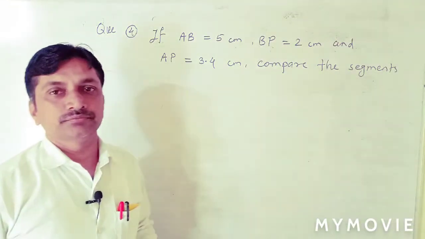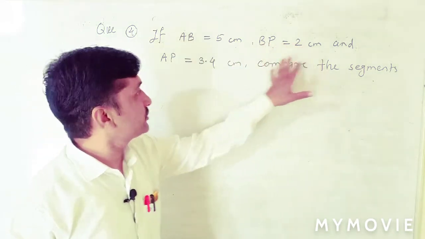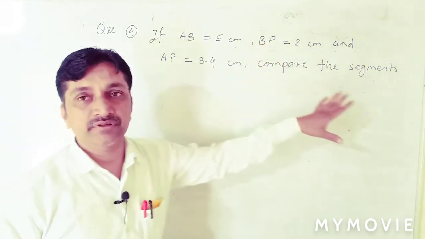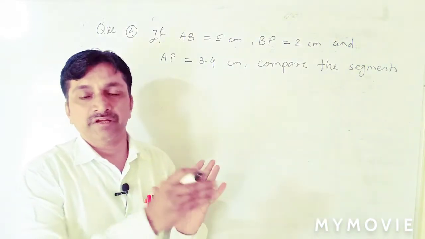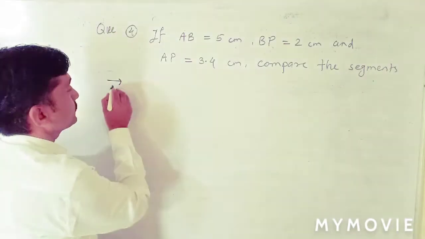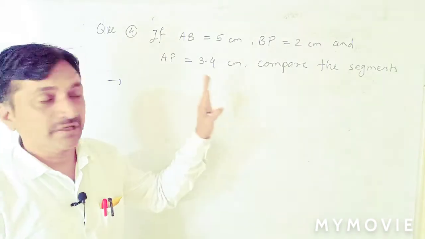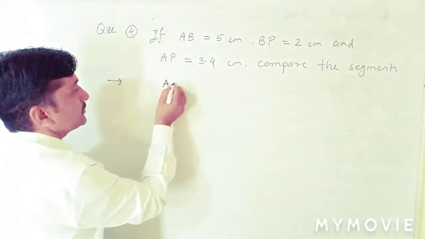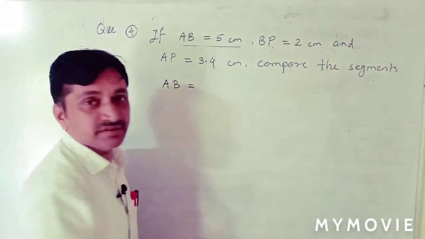Question number 4 is: AB is 5 cm, BP is 2 cm, AP is 3.4. Compare the segments. Compare means we have to write which segment is greater, which segment is smaller. For that, write all lengths, all segments. Now here AB is the largest distance.